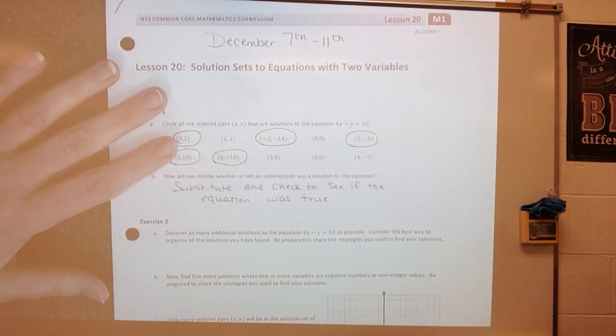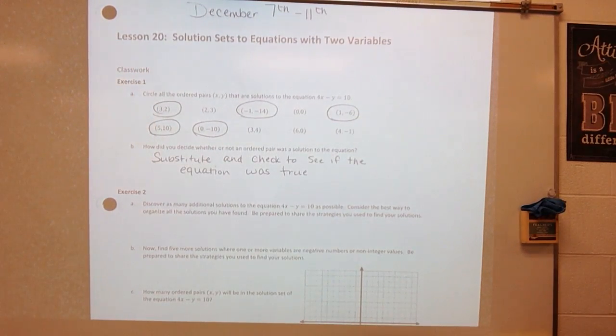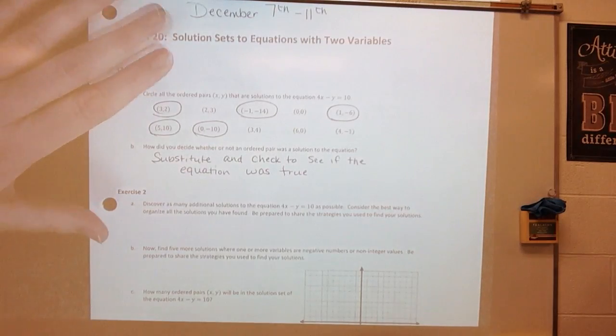Looking at exercise 2. Discover as many additional solutions to the equation 4x minus y equals 10 as possible. Consider the best way to organize all the solutions you have found. Be prepared to share the strategies you use to find your solutions. You can literally plug in any number you want and figure out what y would be equal to. I'm just going to give you some sample solutions that would work.